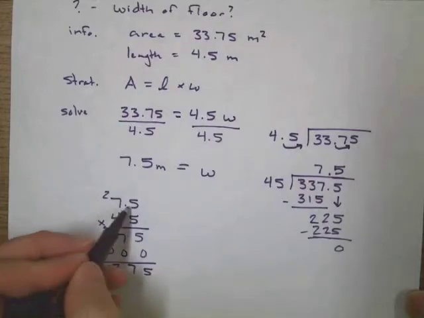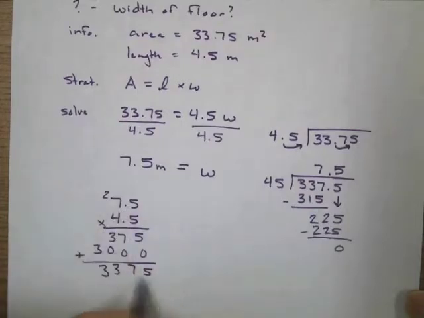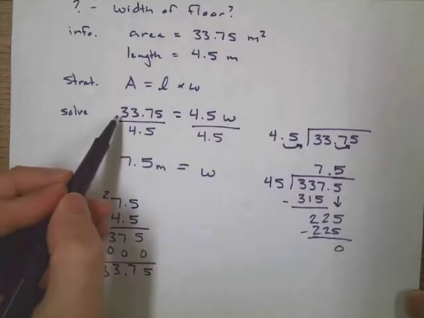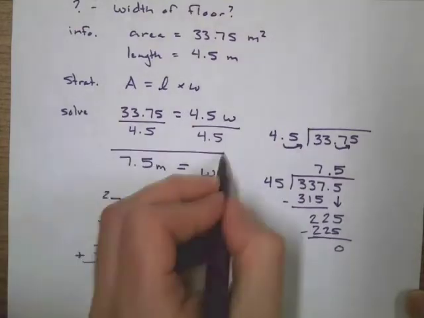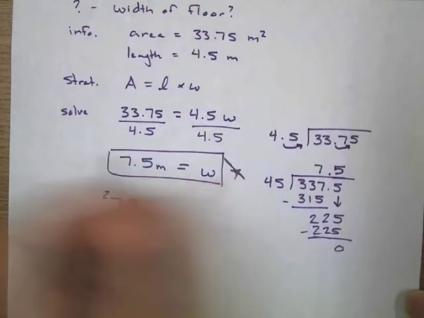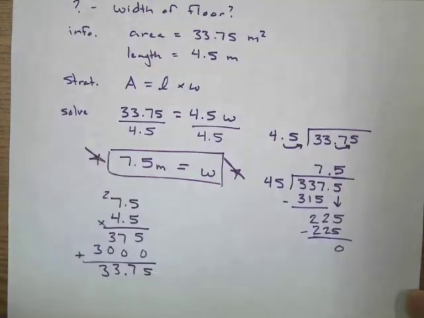I have 2 decimal places, so I have 2 decimal places, 33 and 7/500. So my solution to this problem is correct, 7 and 5/10 meters wide.